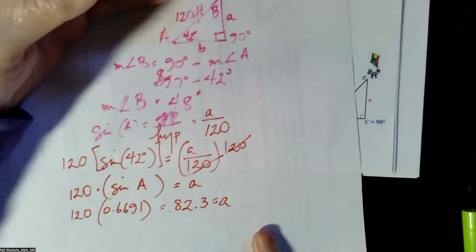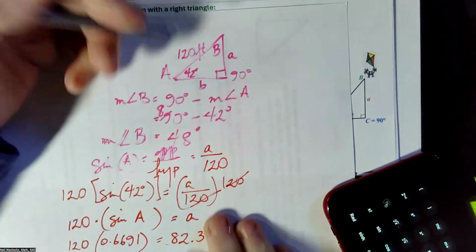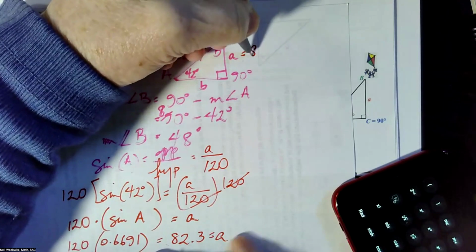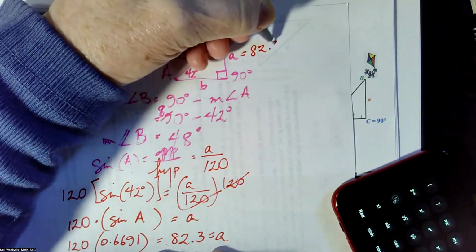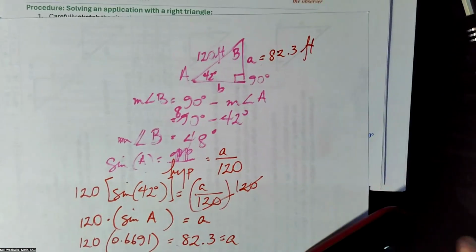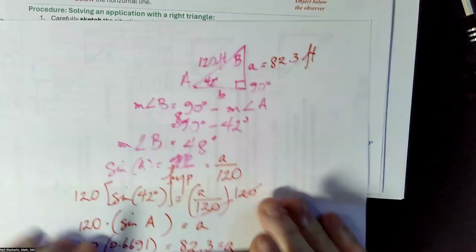And that is the height with respect to the child. So 82.3. I think you might have gotten 80.3. I'm not sure. Okay, let me try it again.